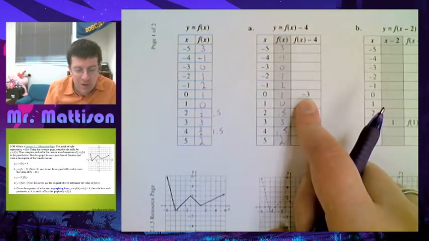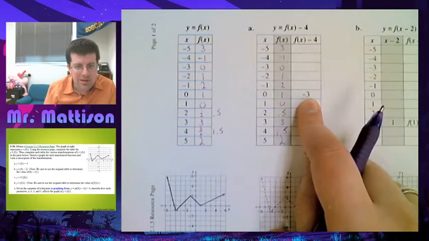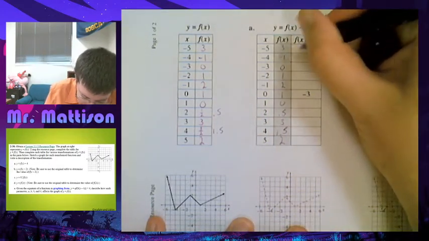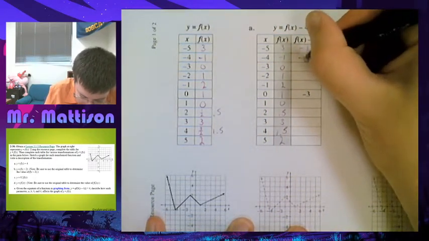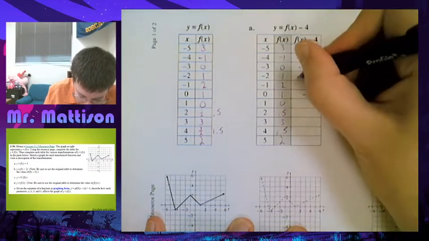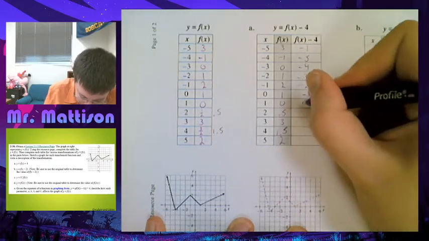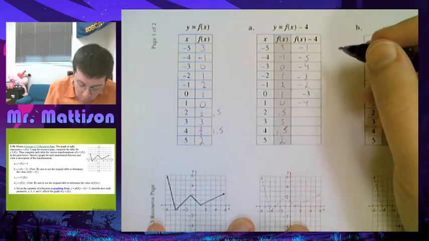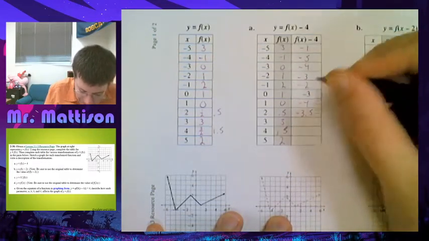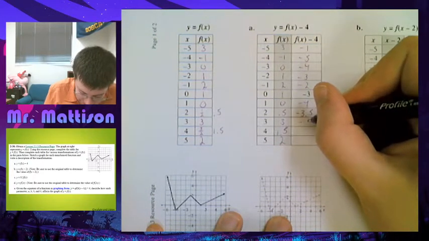So they've already done one of those for us. 1 minus 4 is -3. Well, let's do that for all of these. 3 minus 4, -1. -1 minus 4, -5. 0 minus 4, -4. 1 minus 4, -3. 2 minus 4, -2. 0 minus 4, -4. 0.5 minus 4, -3.5. 3 minus 4, -1.